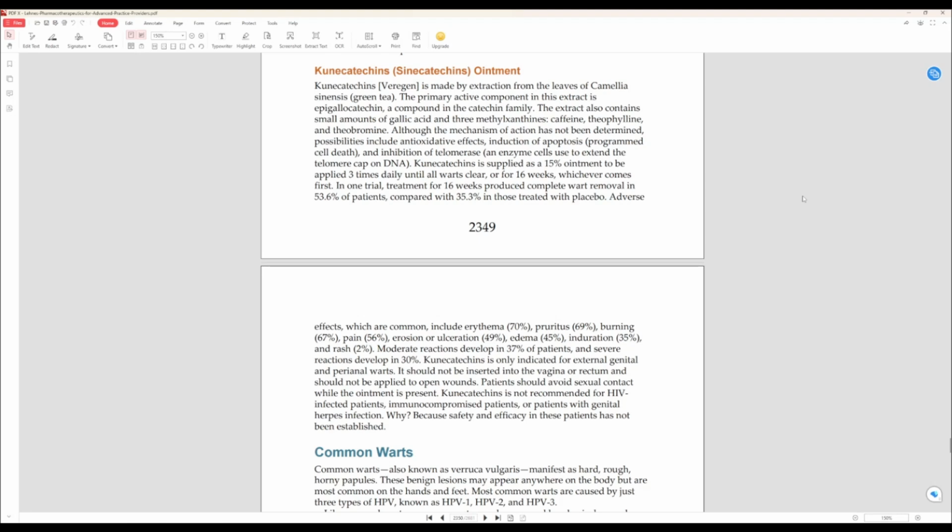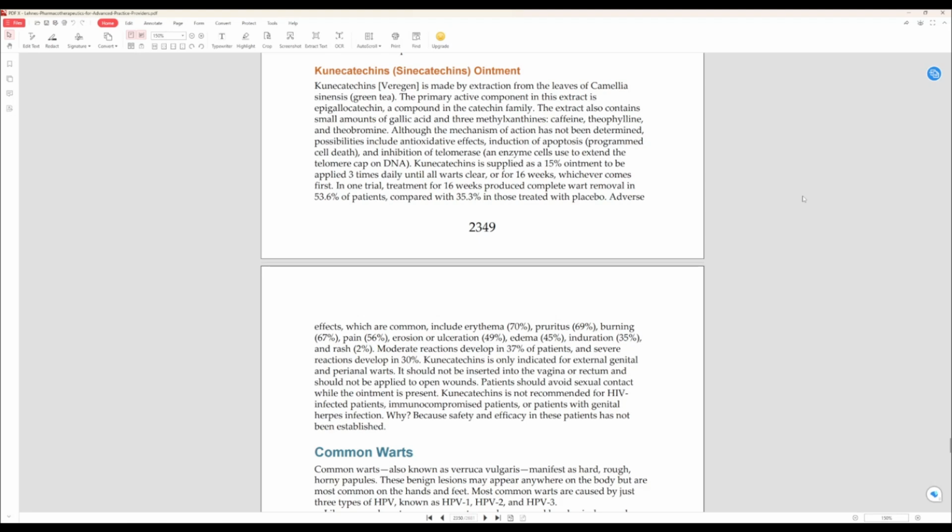Which brings us to the catechins, the ointment, also known as Veregen. It is made by the extraction of the leaves of Camellia sinensis, or green tea. The primary active component in this extract is epigallocatechin gallate, a compound of the catechin family.